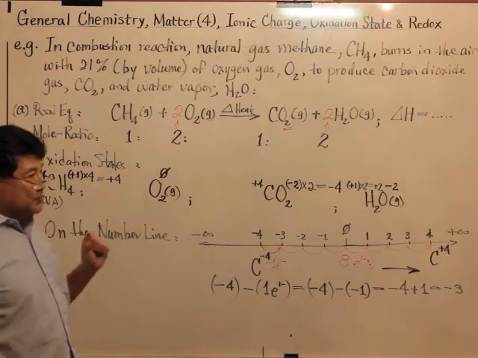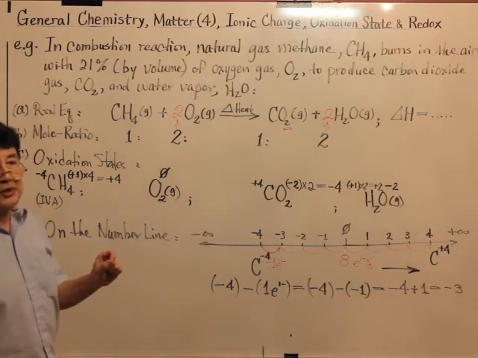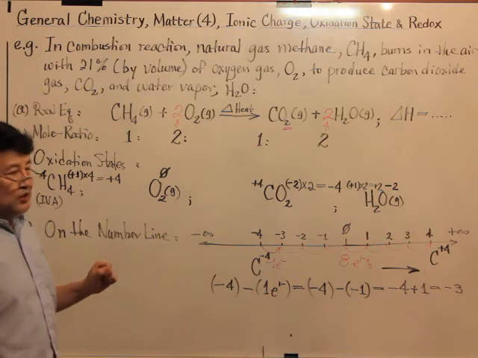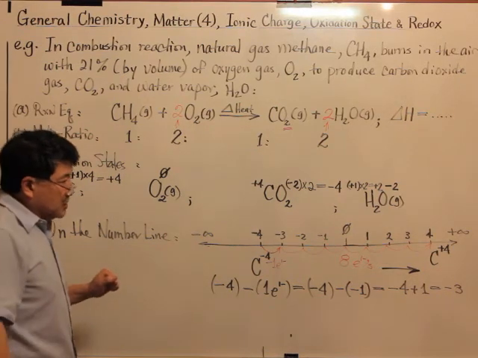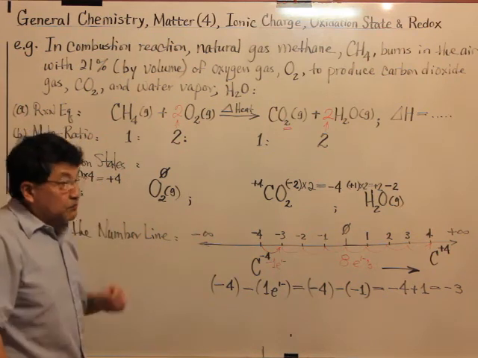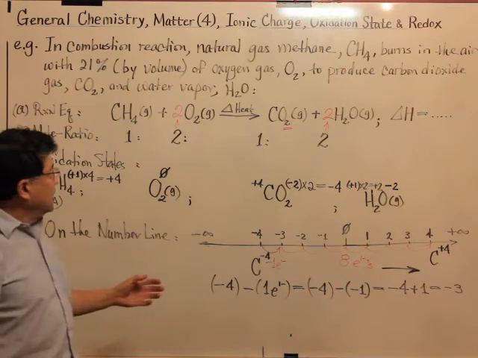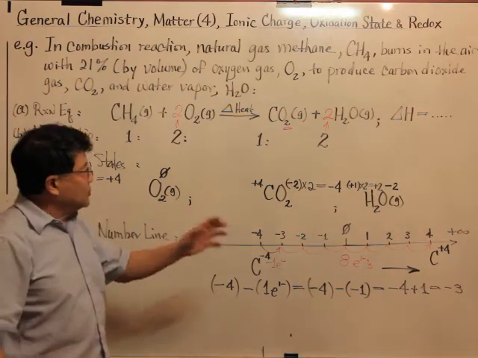Most of the textbooks, or I would say most of the lecturers, the chemistry teachers, do not think about this that deep. But I want you to think about it a little deeper. You talked about electrons being transferred from carbon to oxygen, right?